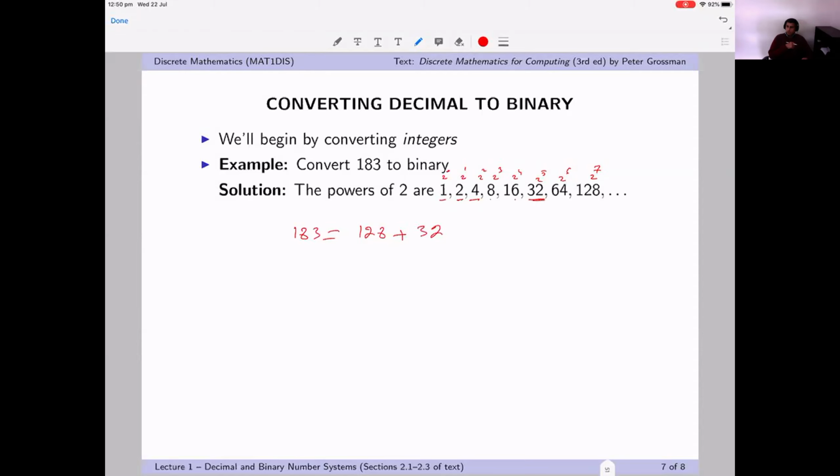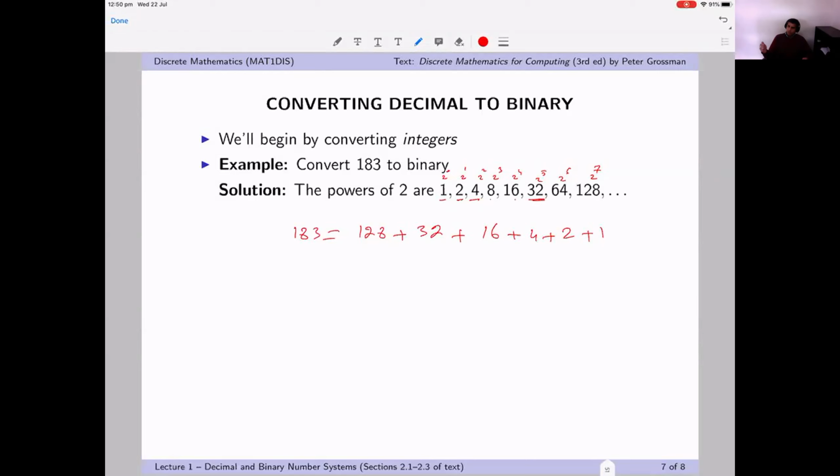So 128 plus 32 is 160. Then I can have 16, that makes 176. Then I can have 4, that will make 180, then 2, then 1.